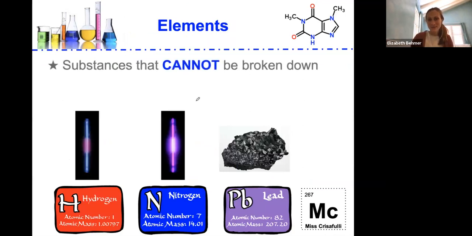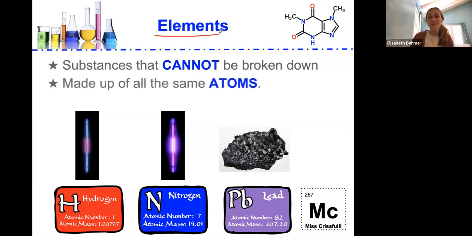So we're now talking about elements, which have just one type of atom in them. Elements are substances that cannot be broken down. So elements are made up of all of the same atoms. So here we have hydrogen with an atomic number of 1, an atomic mass shown there.